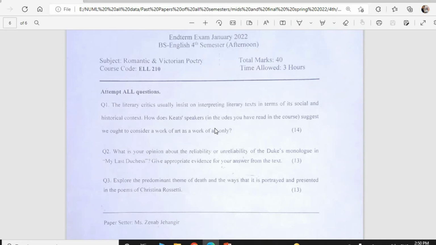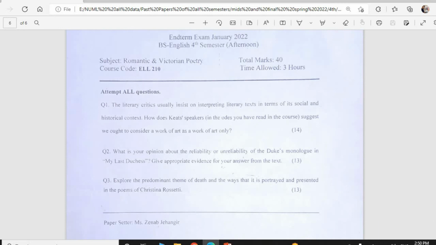To get a better idea, you go through them and see how he applied this technique in Ode on a Grecian Urn and Ode to a Nightingale. And obviously the aesthetics, or aesthetic objectivity, is there. Art for art's sake, you might have heard about it. So it is sometimes only for art's sake, right? So you have to relate it.